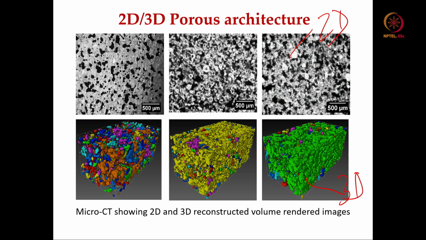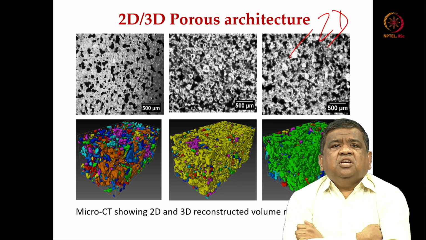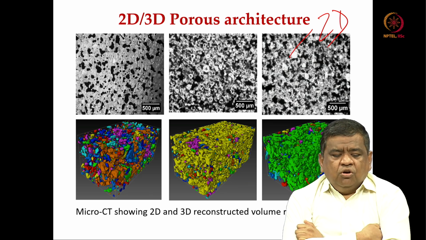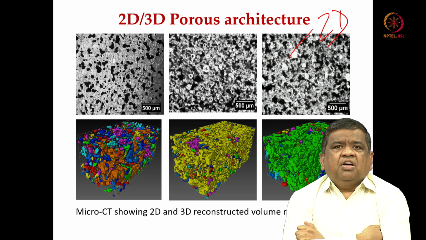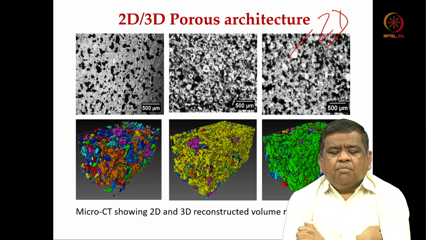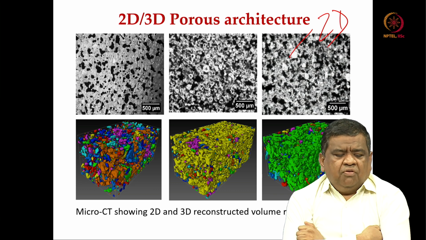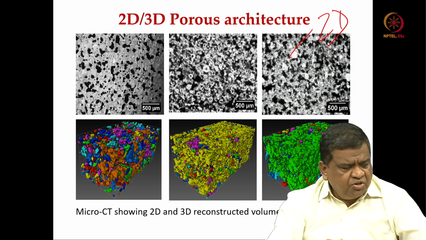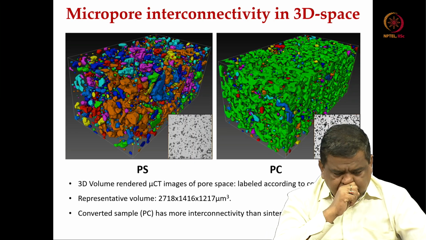The 3D volume rendered images were essentially reconstructed from a number N of 2D ortho slices, and you can see different colors in them. The different colors essentially indicate the pores which are interconnected to each other, and how this interconnected porosity extends through the different parts of the 3D volume rendered images.